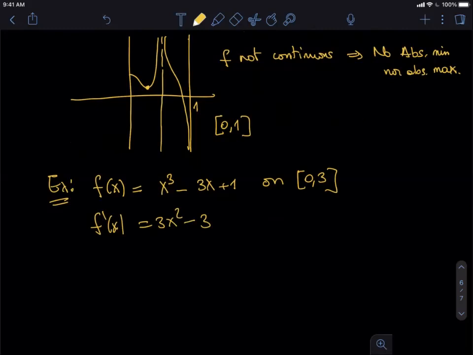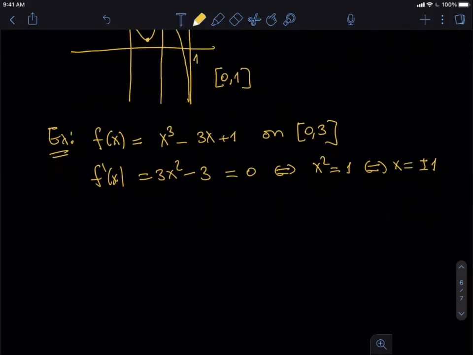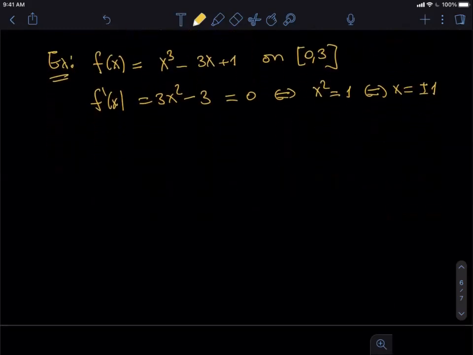I could just make it equal 0. That will be if and only if x squared equals 1, which means x equals plus or minus 1. So there are two critical values, and there are no more because f is differentiable.